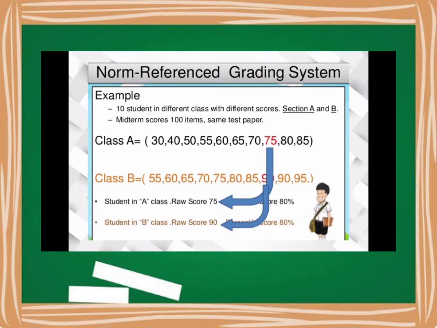This refers to an 80% percentile rank. A student in Class B has a raw score of 90, which also has a percentile rank of 80%. So, as you can see, the percentile rank of the student differs depending on which class he or she belongs to.